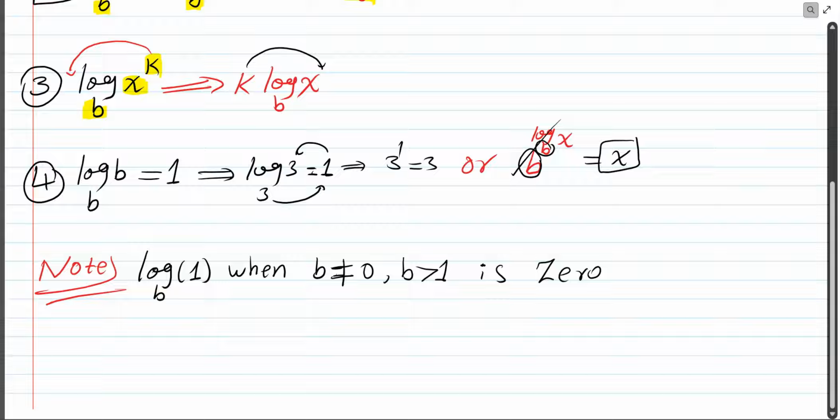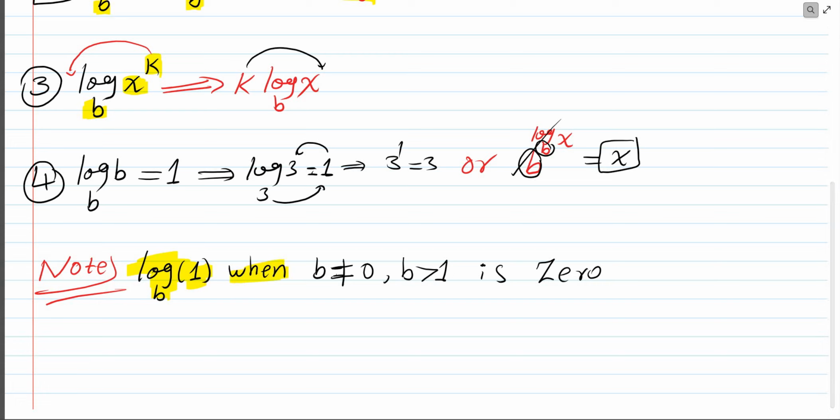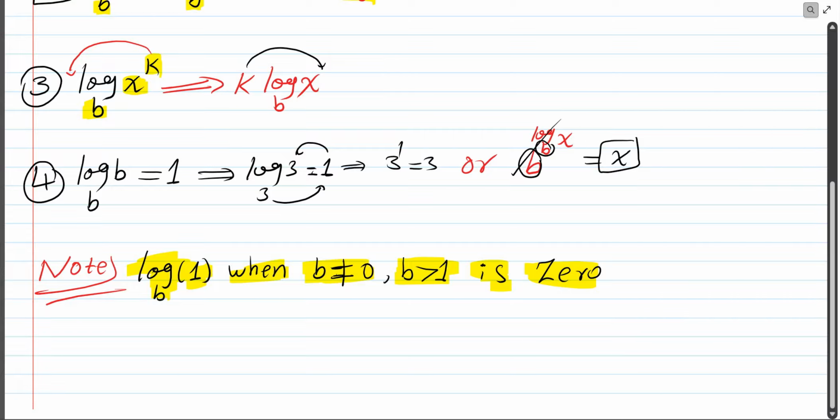Dear students, we have a note here saying log base b of 1, when the base is not 0 and the base is greater than 1, the answer is 0. Logarithm of 1, regardless of the base except 0 and 1, because those are undefined; the base must be either a decimal between 0 and 1 or a positive base above 1.